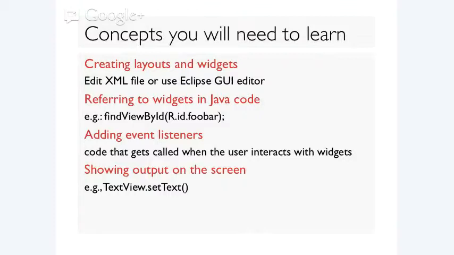And so there are various methods by which you give an ID of something in the UI, and you get an object back in your code. You have to know how to learn those, and then how to add event listeners. So when something happens, someone clicks on a button, how do you get the right callback in your code that that event has happened? And then you need some method of showing output on the screen. And basically with those 4 ingredients, you'll be good to go for this first assignment. Other questions about the assignment?